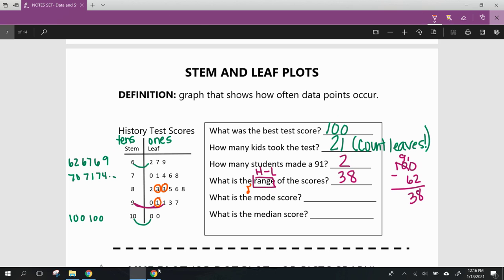I see a 1, 1, a 0, 0. Okay. I circled these in each section because remember, if we were to list out our data, we would see 83 2 times. We would see 91 2 times. We would see 100 2 times. We would see all of the other scores just once, like here, 62, 67, 69, and so on.